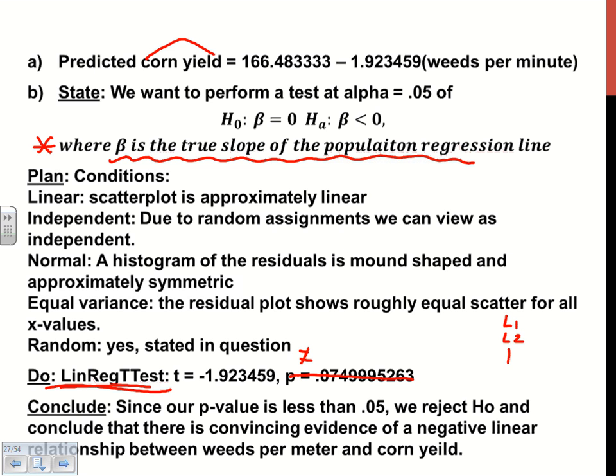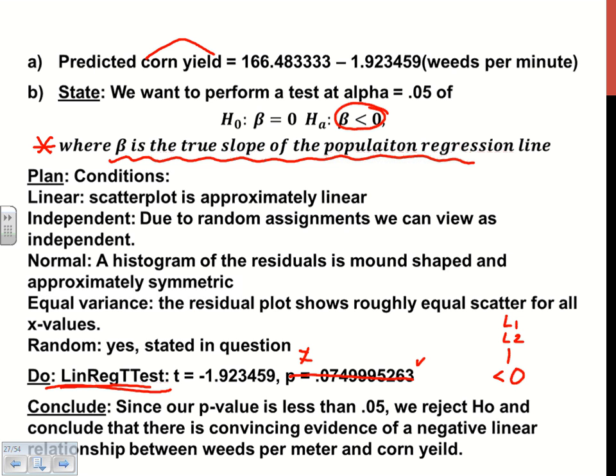When you do the LinRegTTest, with list 1, list 2, frequency always 1, and when you have your beta, we chose less than 0 because our hypothesis is less than 0. If I had chosen not equal to 0 and hit calculate, I would have gotten that p-value, and then you'd have to divide by 2 because it's one-sided.